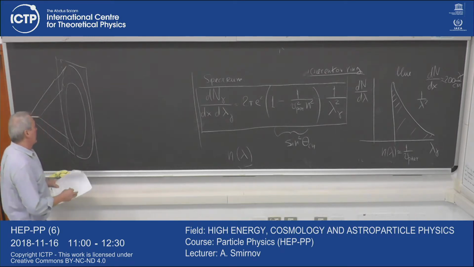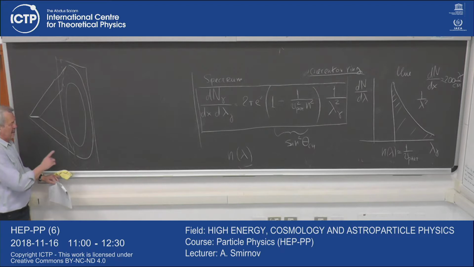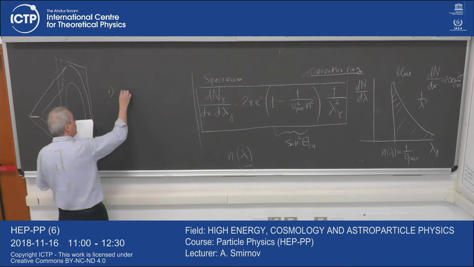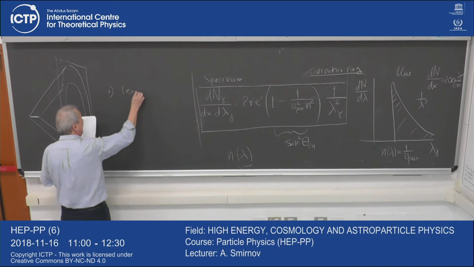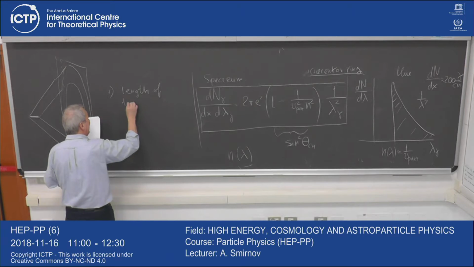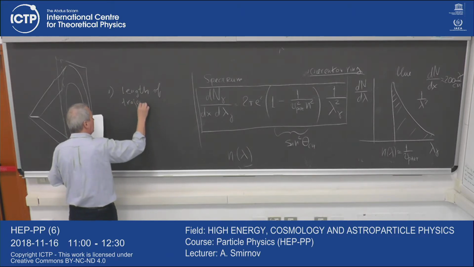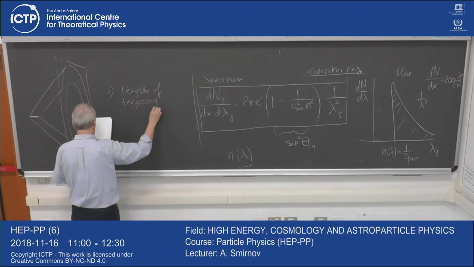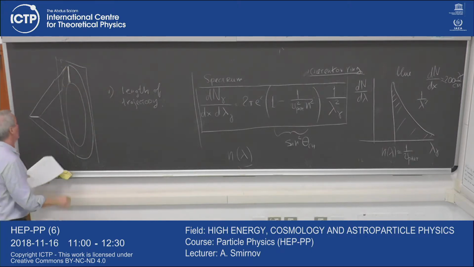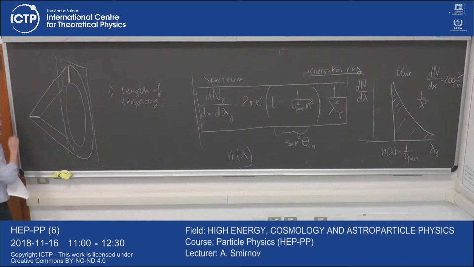So by detecting these rings, you can establish the length of the trajectory of the particle by just measuring this quantity, because that reflects this one.